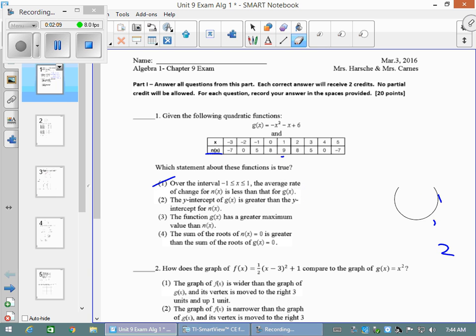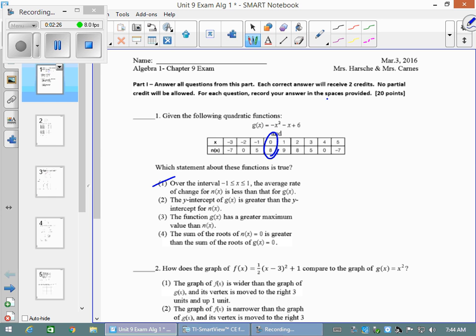So now I'm going to go on to choice 2. The y-intercept of g of x is greater than the y-intercept for n of x. So this question requires a lot of work, even though it's just a multiple choice. So for n of x, I can see the y-intercept right away. It would be 0, 8. For g of x, to find the y-intercept, that's when your x value is 0.